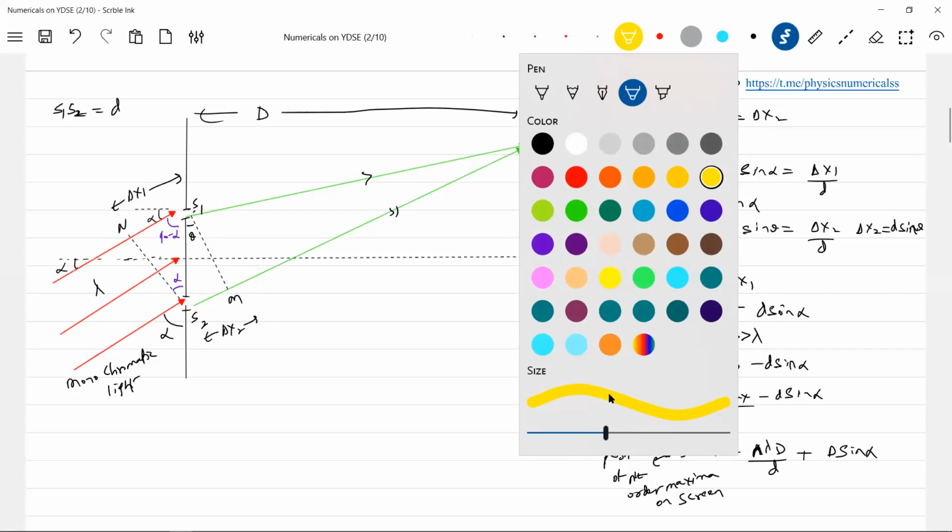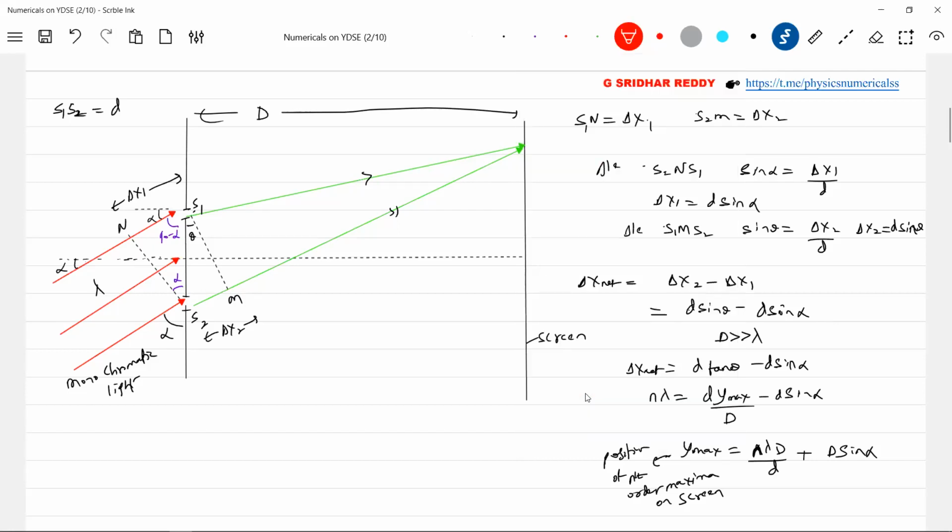Sir, will d be very much greater than small d, or are we taking lambda? Oh, this symbol. Yes, thank you for the correction. It should be small d; instead of that, I wrote lambda.